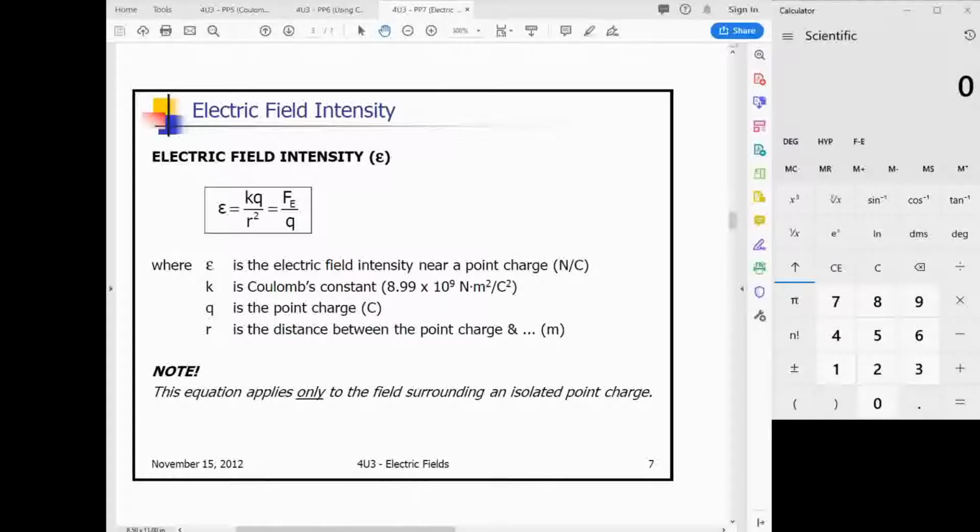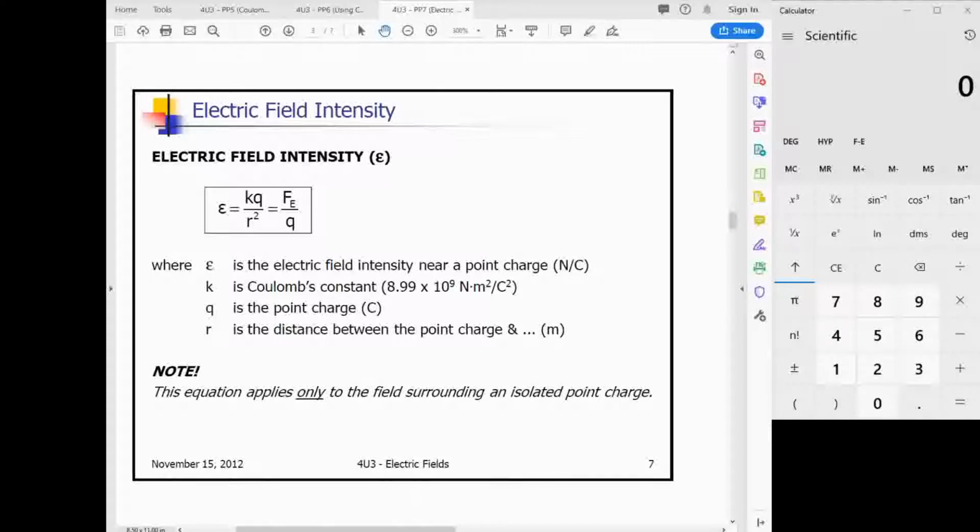Your mass M is related to your Q. When we're talking about the electric world, Q is our M. So the amount of charge we have is similar to the amount of mass we have. And the epsilon is similar to your A. So your newtons per coulomb is similar to your meters per second squared. It's similar to your acceleration.